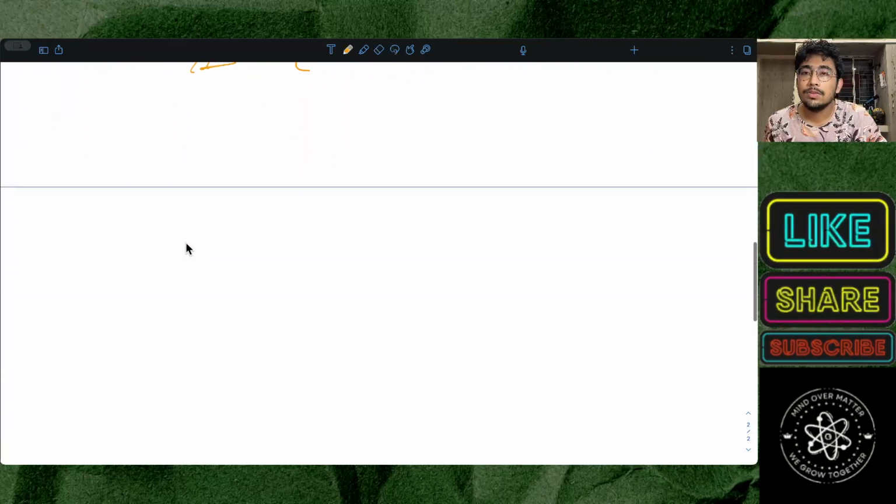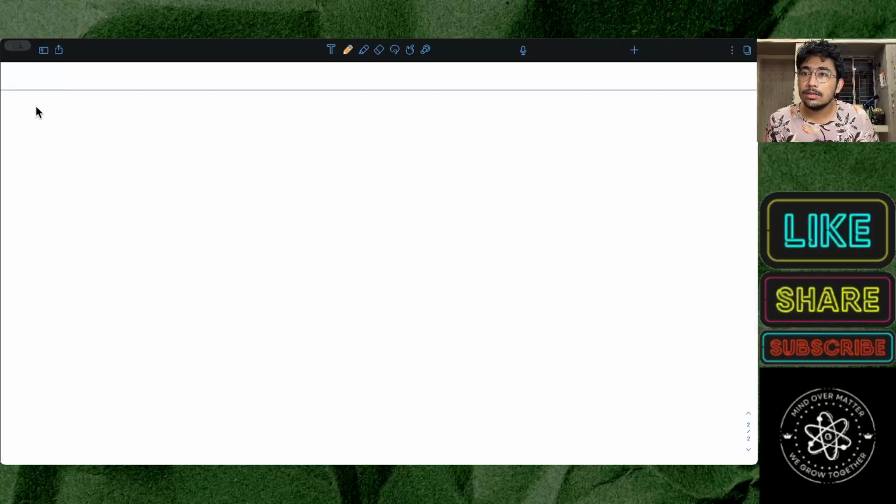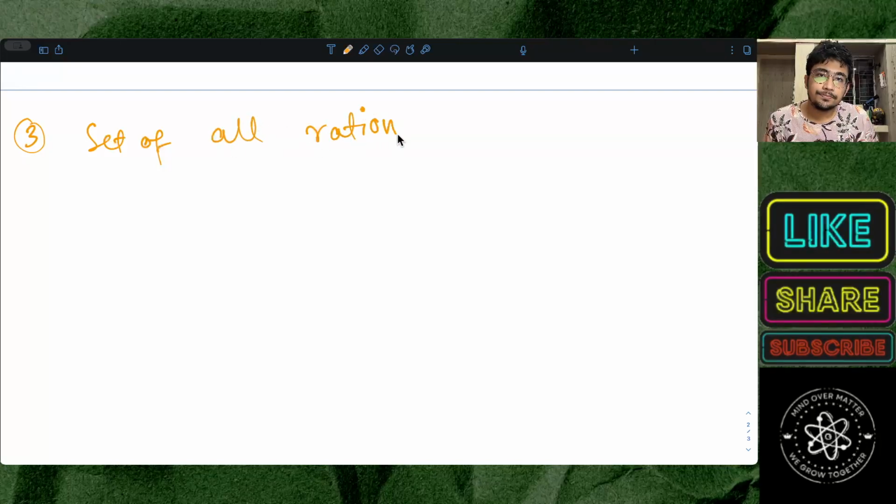And there is another set, the set of all rational numbers. If you don't know what a rational number is, it will be best if you look in some high school textbook. There is a definition of rational number, but I'm going to mention it again.